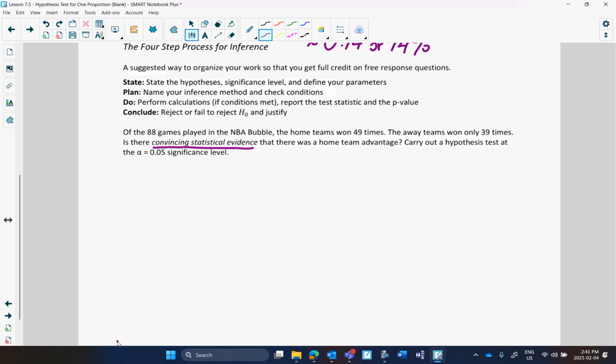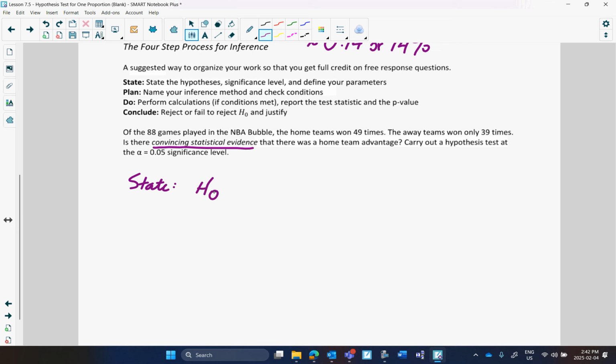Because if the p-value is above it, okay, we don't reject H0. And if it's below it, we do reject H0. So same. Remember just what I did in the previous. So we're going to go like this.